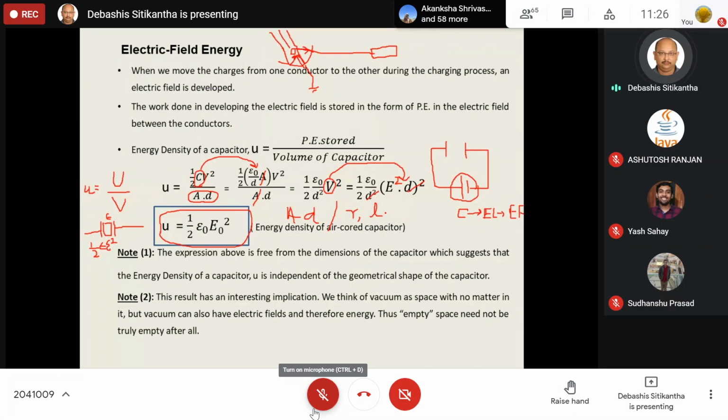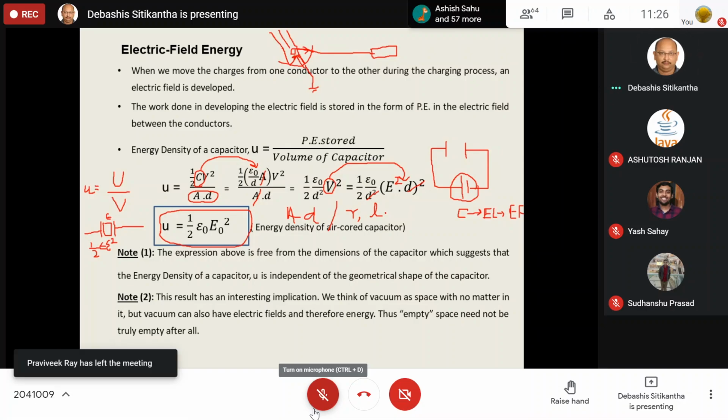This expression is equally applicable to a parallel plate capacitor, a cylindrical capacitor, or a spherical capacitor, as it never depends on the shape and size of the capacitor.